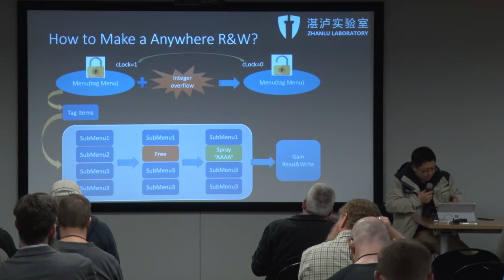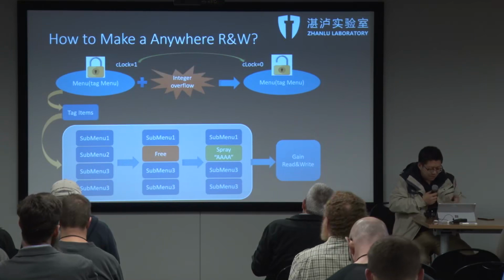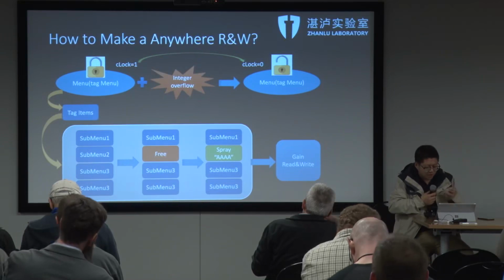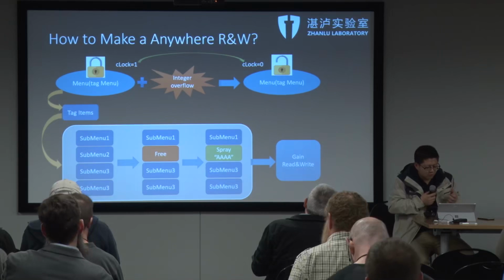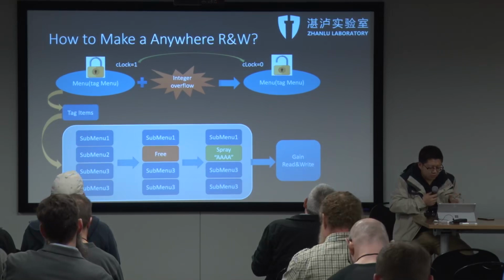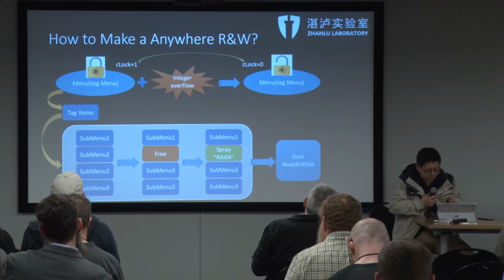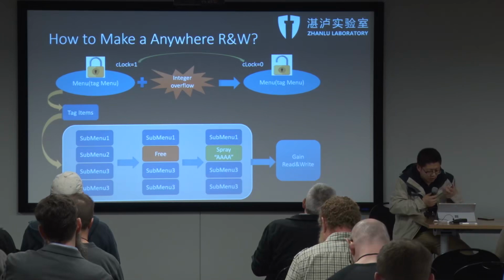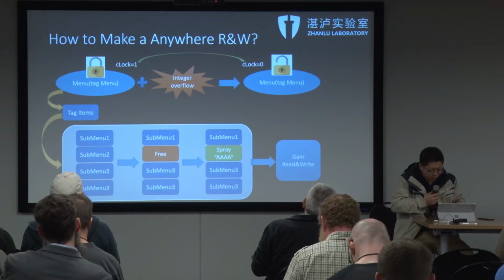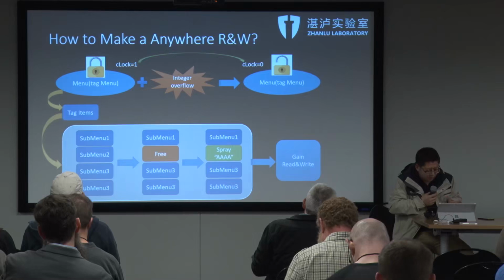My exploit is for an out of bounds read bug. In the exploit process, the relevant properties of the menu object are utilized, and then the out of bounds read is converted to a UAF bug.